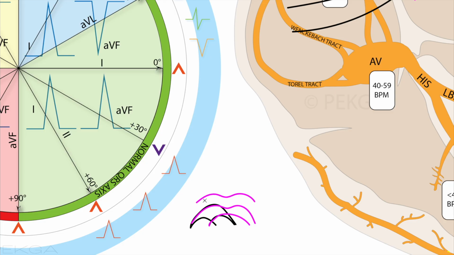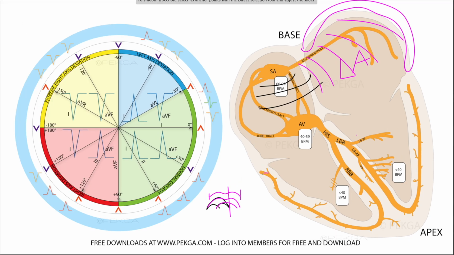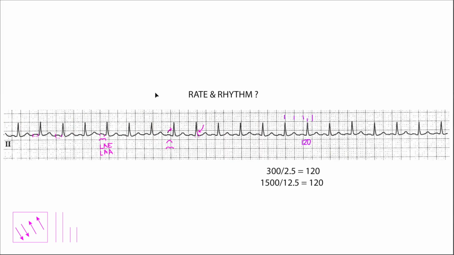Because it takes longer, this depolarization took longer. We can see that on an ECG, and we can infer that we're dealing with a left atrial enlargement. Okay, now go back to the ECG. Hopefully that was clear enough.